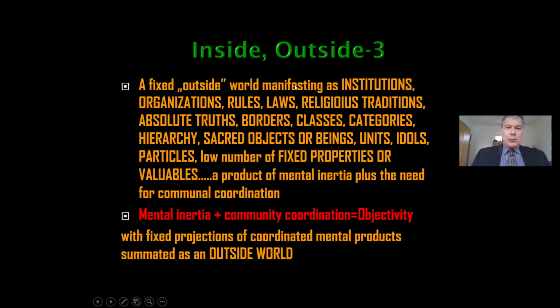A fixed outside world manifesting as institutions, organizations, rules, laws, religious traditions, absolute truths, borders, classes, categories, hierarchies, sacred objects, or beings, units, idols, particles, with a low number of fixed properties or variables. Okay, these are all a product of mental inertia, needing help to interpret, needing help to categorize, needing help to assign relative weights, relative importance.